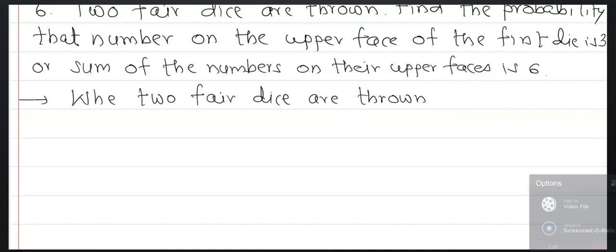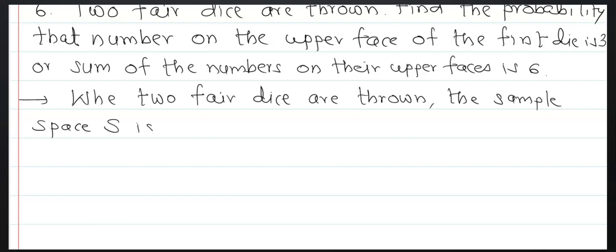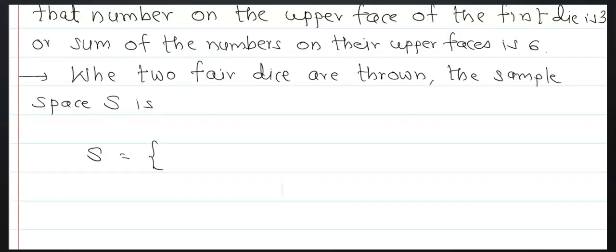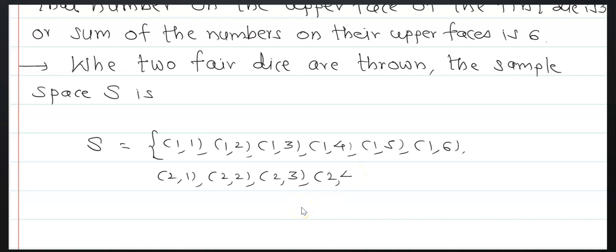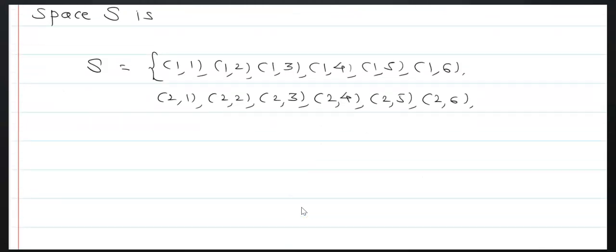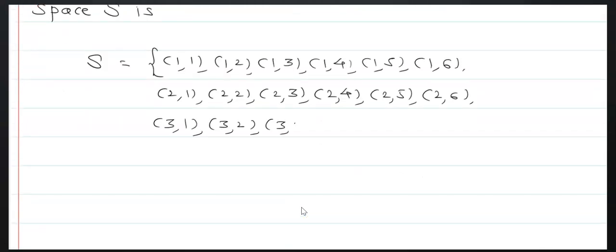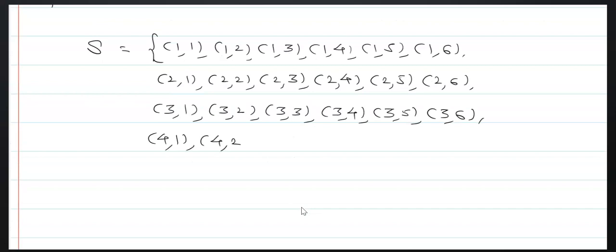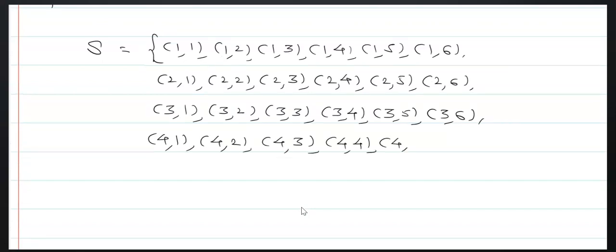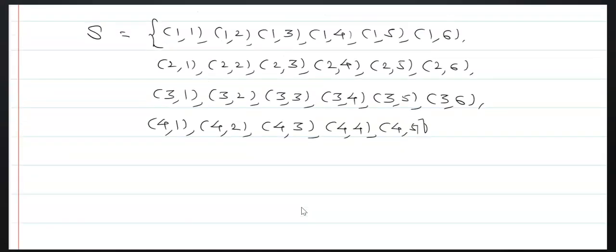Now, when two fair dice are thrown, the sample space S is 1-1, 1-2, 1-3, 1-4, 1-5, 1-6. Next is 2-1, 2-2, 2-3, 2-4, 2-5, 2-6. 3-1, 3-2, 3-3, 3-4, 3-5, 3-6. 4-1, 4-2, 4-3, 4-4, 4-5, 4-6.